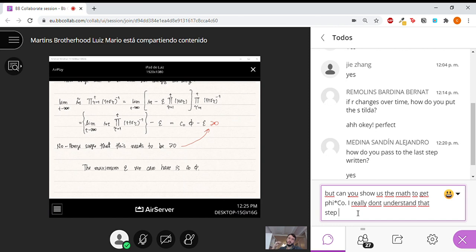By how much we can increase epsilon, or how much we can increase consumption in the first period. That's how much we consume in the first period times phi. Okay, so the first time I wrote this problem, I thought the answer was gonna be phi. But it turns out that the math says to us that we need to consider C0, and then I understood it.